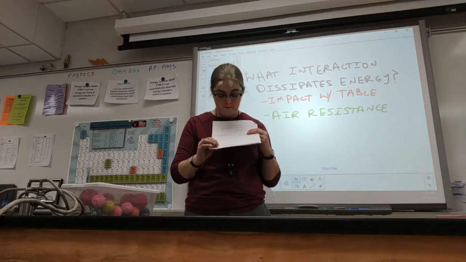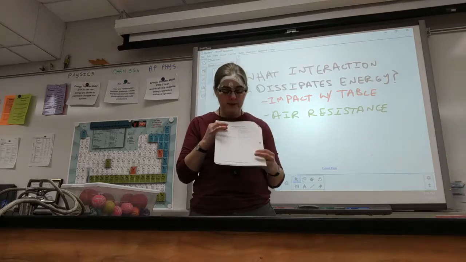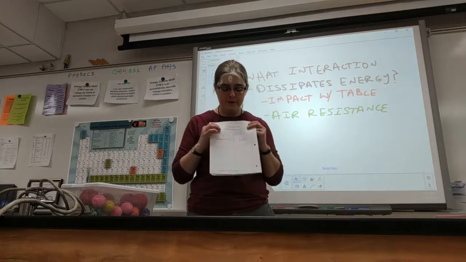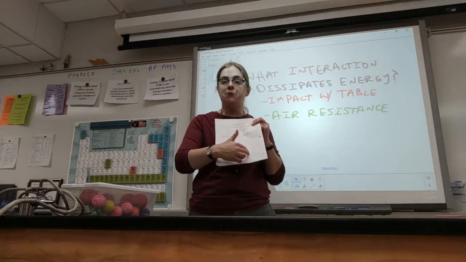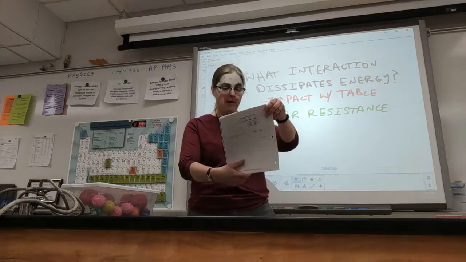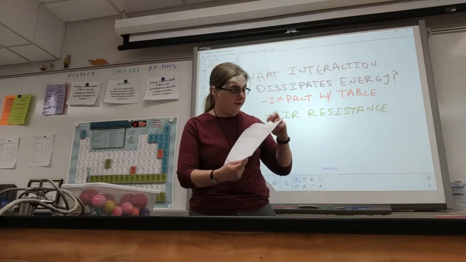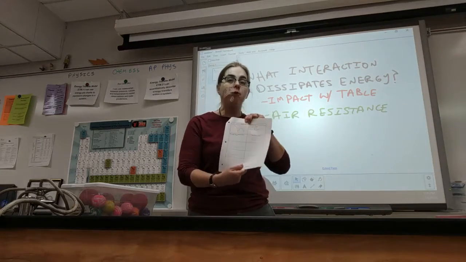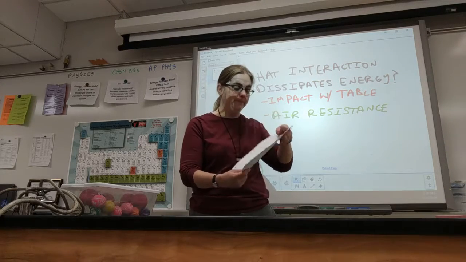On page 10, you're going to assume that it's only the air resistance that dissipates energy, and you're going to sketch an interaction diagram, and then a bunch of energy bar charts. On page 11, you're going to sketch a bunch of energy bar charts, but you're going to assume that it's only the impact with the table that dissipates the energy.